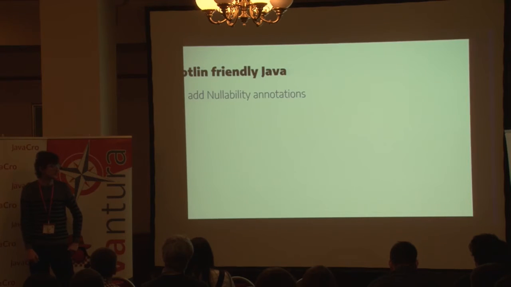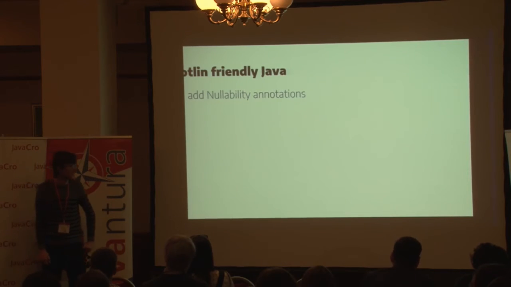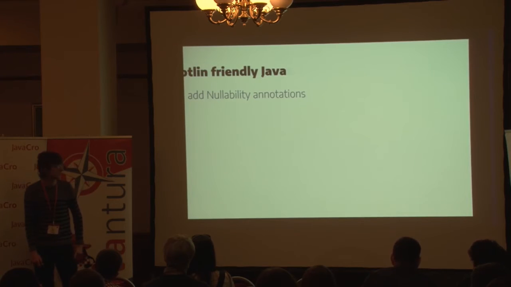So it's basically, you call it from Kotlin just like you would from Java and never know what's null. But if you add NotNull or Nullable annotations to your public interface, that code will be able to be used as a Kotlin nullable or not-null type.